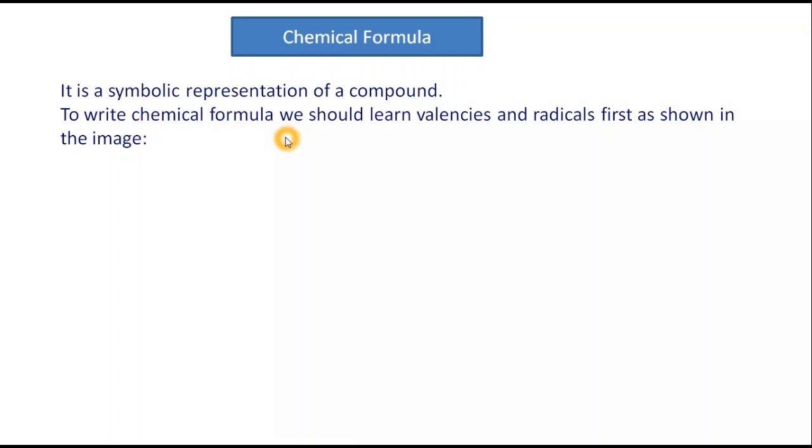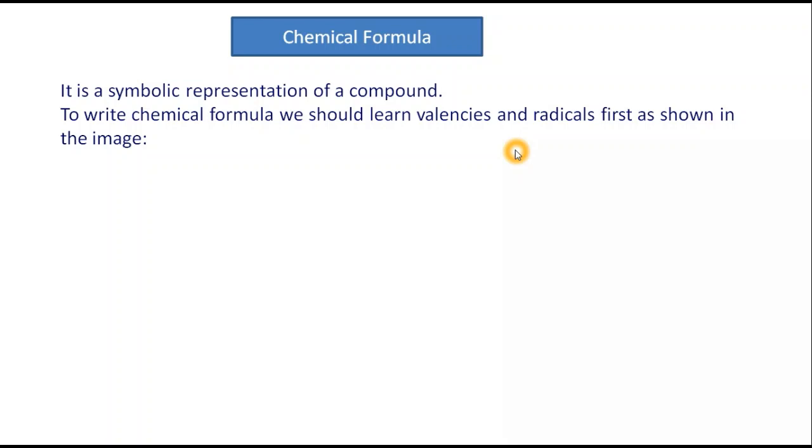Now, to write chemical formula, we should learn valencies and radicals first. See, I told you in the previous lecture that we have two types of ions, simple ions and polyatomic ions. A simple ion is one which is made of only one type of atom, like hydrogen ion, sodium ion, chloride ion, oxide ion.